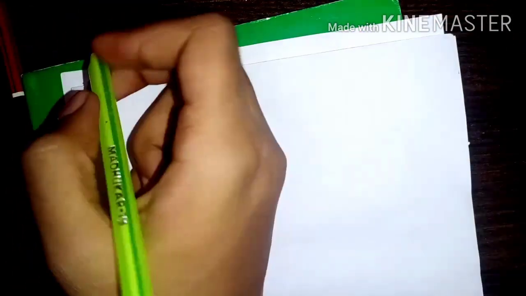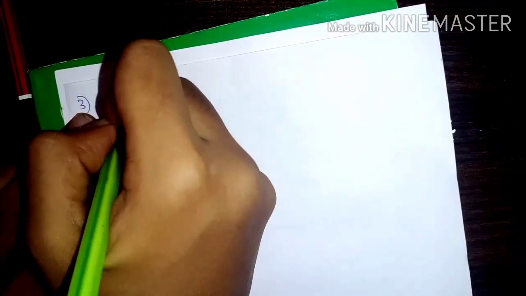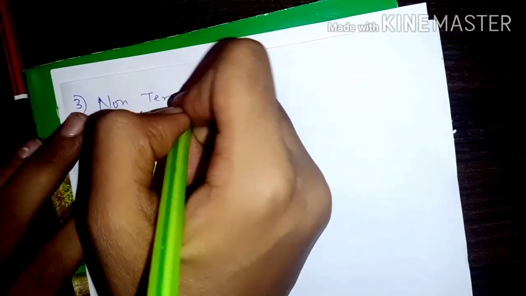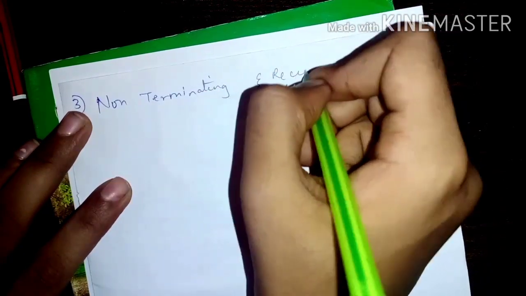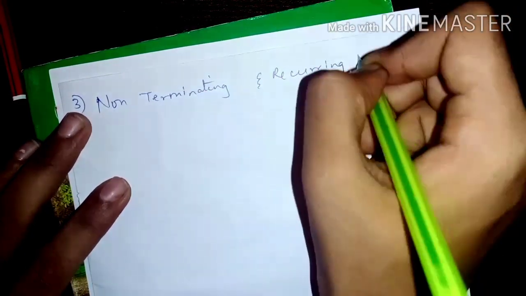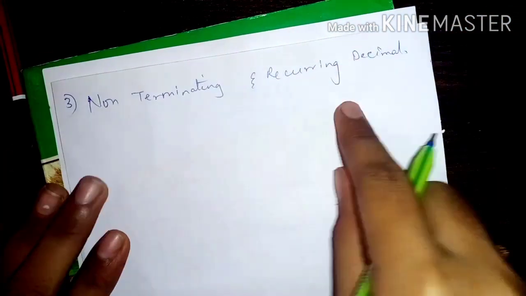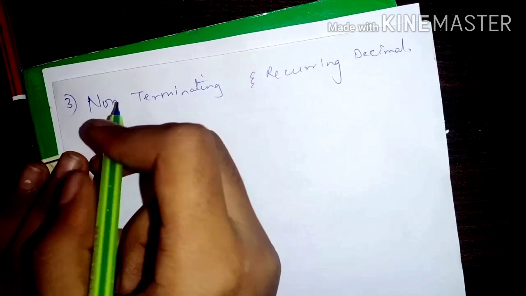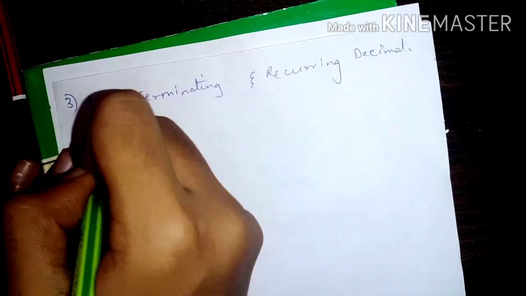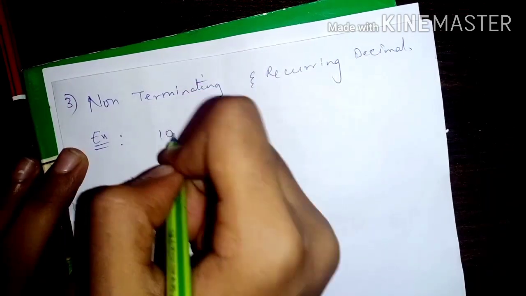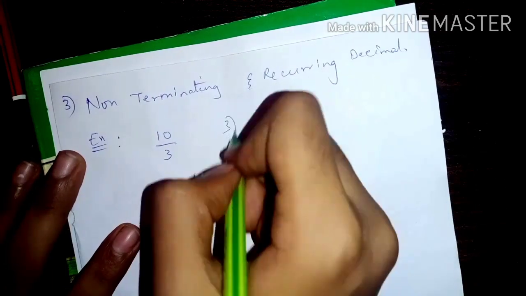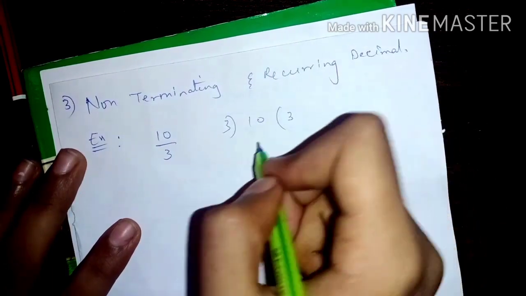Now we'll see an example of non-terminating and recurring. After listening to this, you will get a perfect idea of what I was speaking about till now. Here I'll take an example again. Suppose I take 10 by 3. 3 when divided into 10 gives 3, 3 3s are 9.